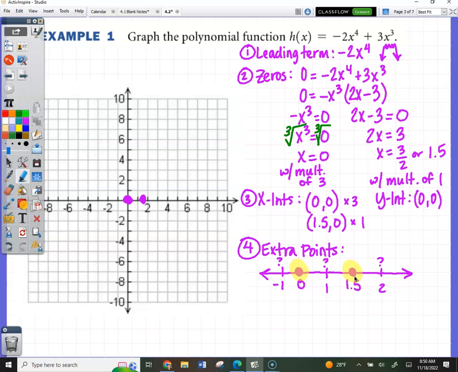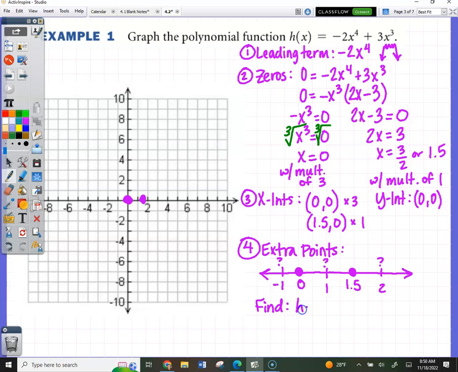Now here's where we can go to our calculator, but we're not using y equals, because the idea is to be able to graph this without the y equals. So you would go to your calculator and literally plug these numbers in. This was called h of x.